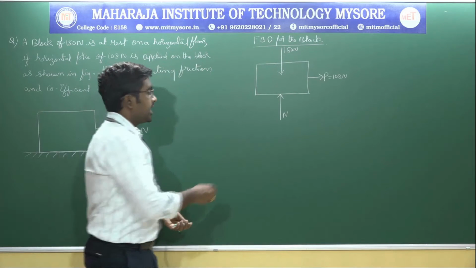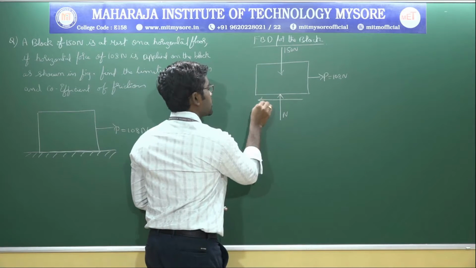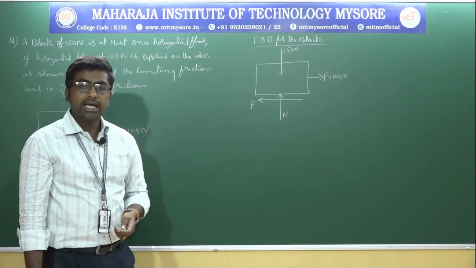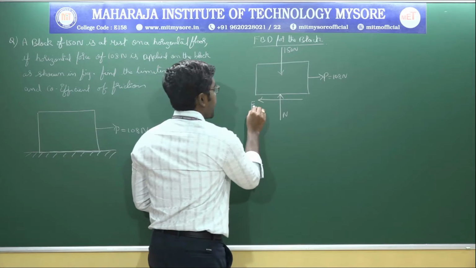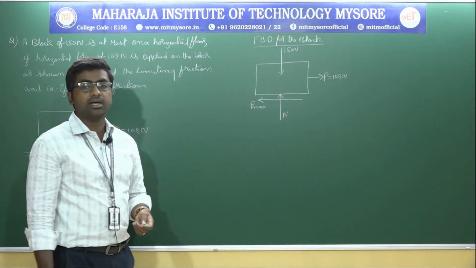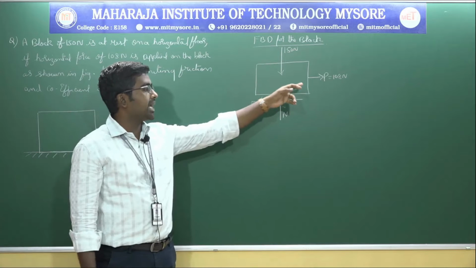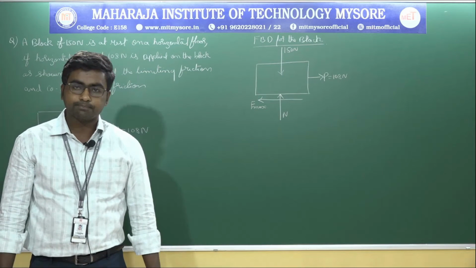So the friction here will be opposite to the impending motion and let me call it capital F. Here I need to calculate the limiting friction or maximum friction. So this is how you need to write the free body diagram in which self weight, applied load and the reaction will be there. Right?